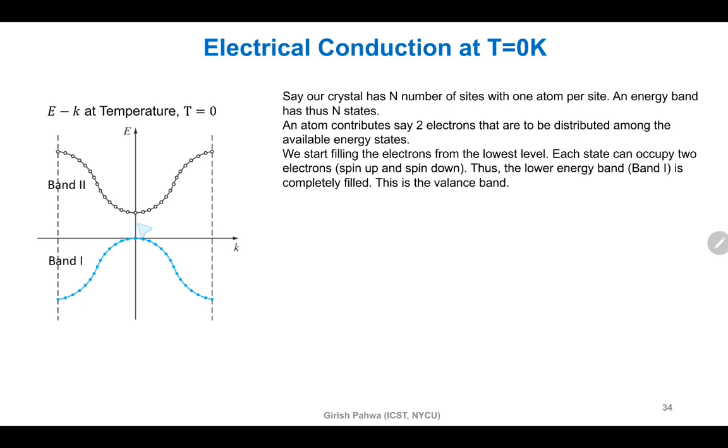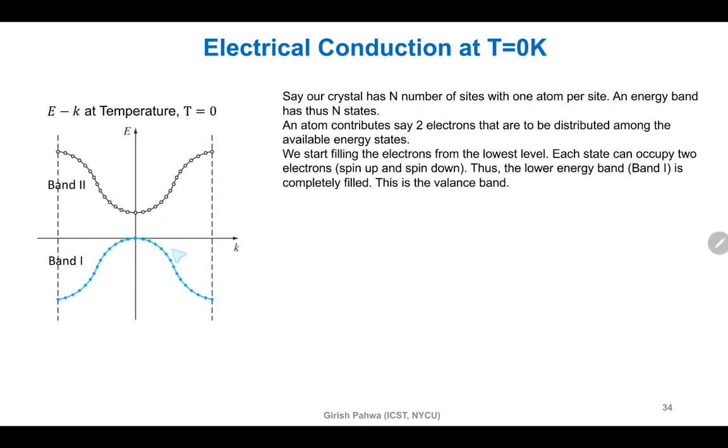So let's see. Now I have electrons only in this band number 1, and every electron has some k. It means it has some group velocity. So there is some wave packet whose center k is the k here.